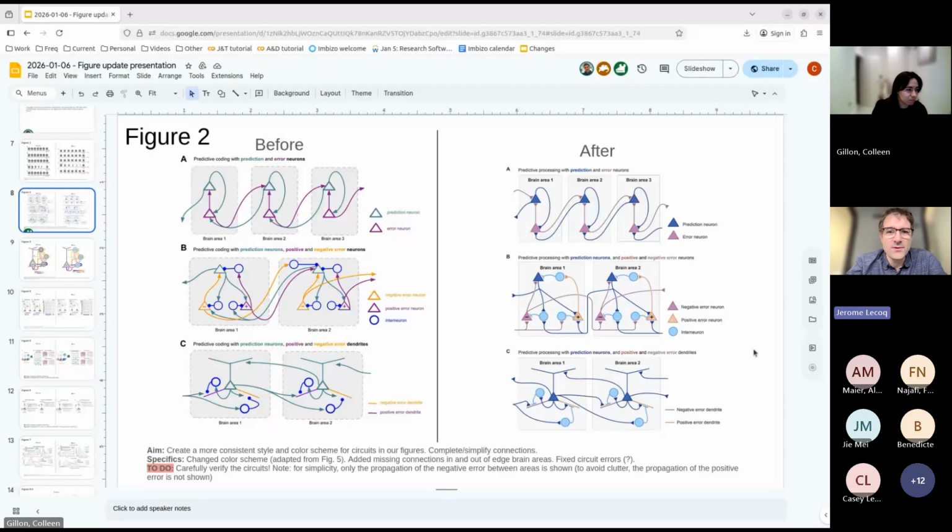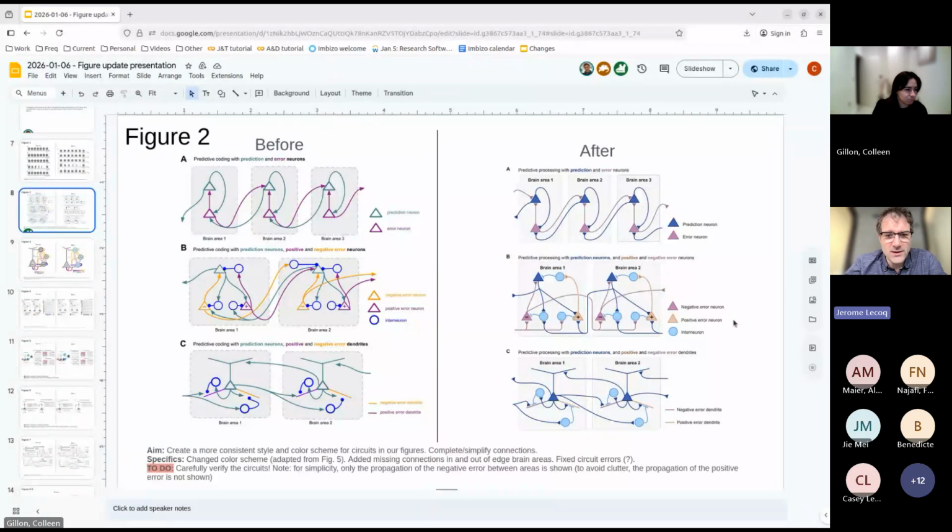In the review, they only have one area, but they mention that they are doing a hierarchical processing schematic. And so here there is prediction coming down and error coming up. This is not in their diagram, but I think it's implied.